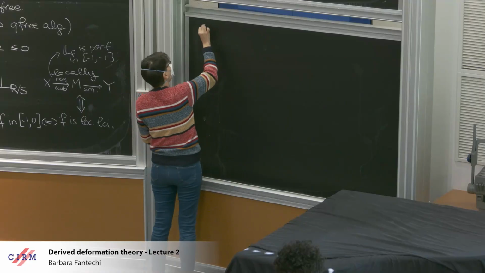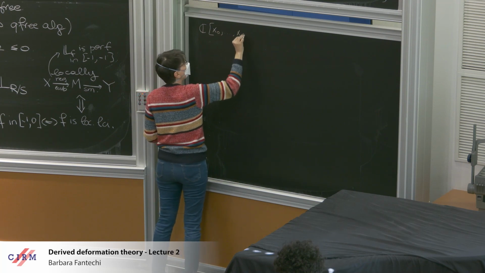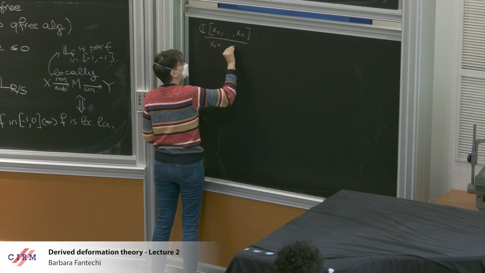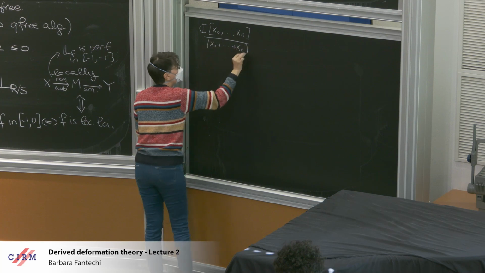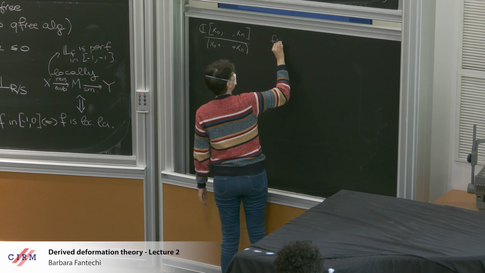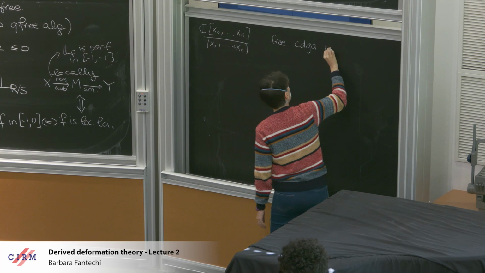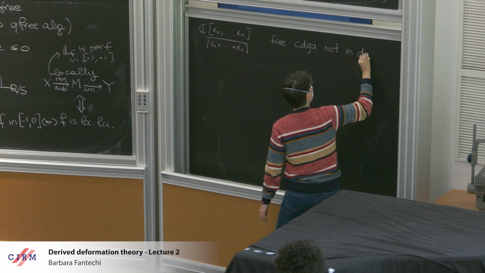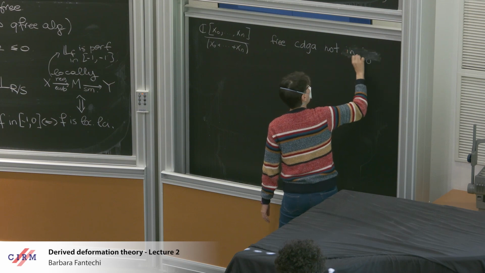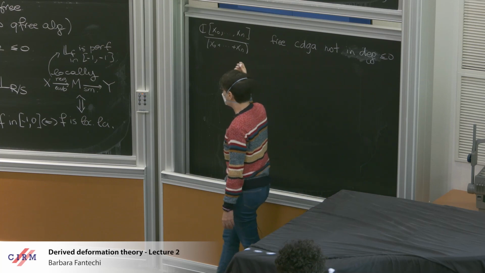What we can do is take C of x0, ..., xn, and insist that, and we can view it as a free CDGA, but not in degree at most 0. So this is not connective.